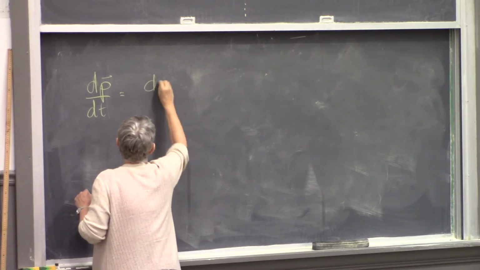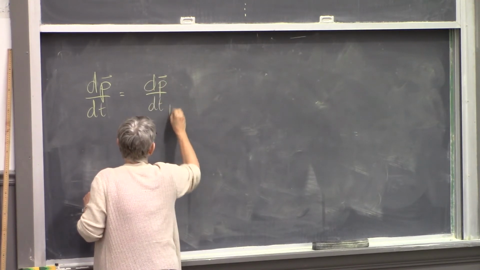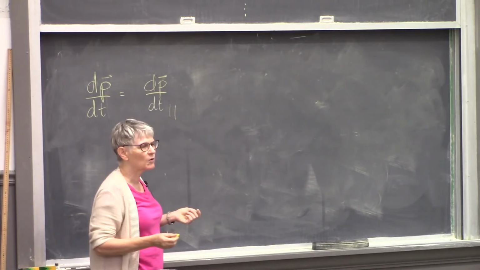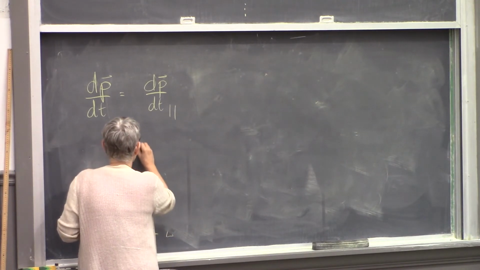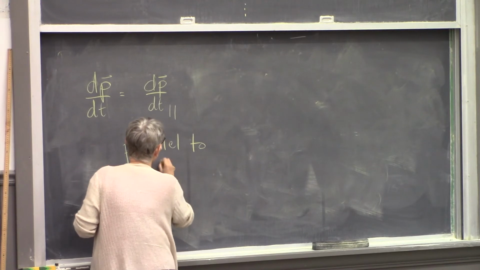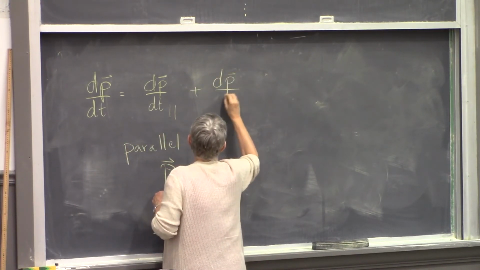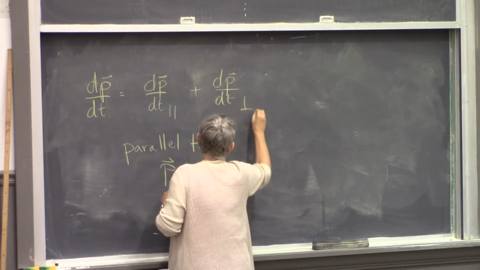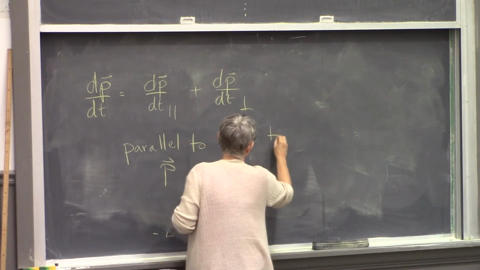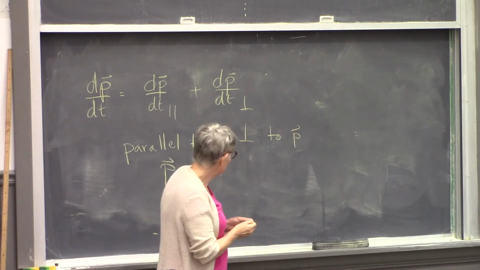One is a part that's parallel to the momentum, and another part that's perpendicular to the momentum. And why is that useful?